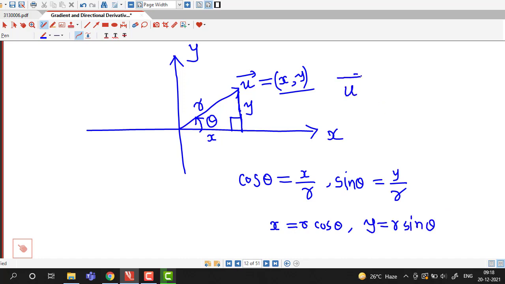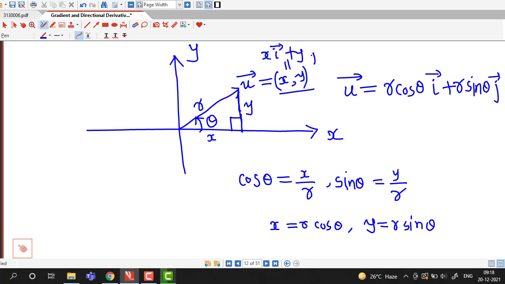So the components of u bar can be written in polar form as r cos theta times i plus r sin theta times j. If we consider xi plus yj and put x equal to r cos theta, y equal to r sin theta, then our vector u bar can be rewritten in this form also.